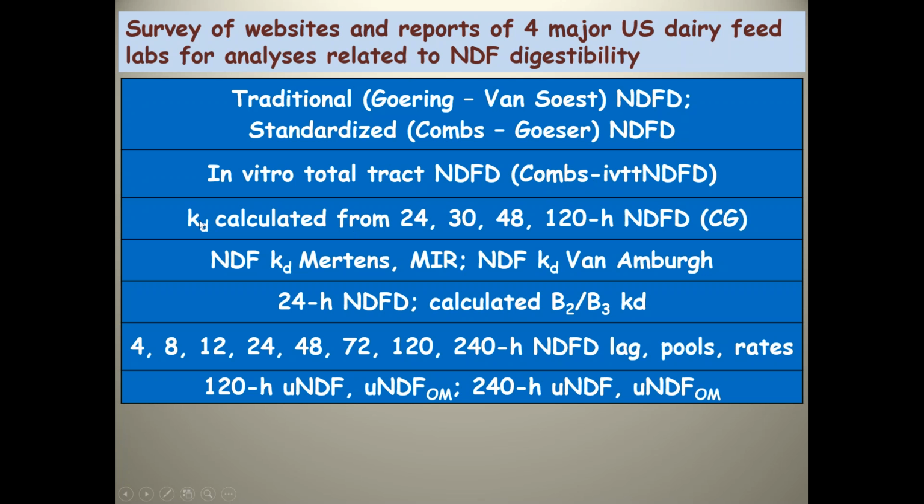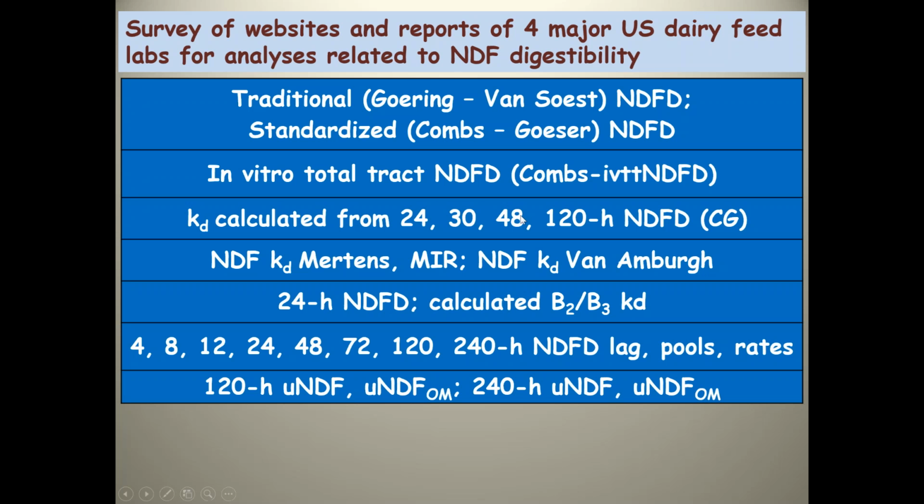Then we've got a variety of KDs, or rates of digestion, which involves multiple time points in vitro or in situ type systems. And a lot of these come out of the Cornell approach and really attempt to fit this into the Cornell model, which is used in several ration formulation programs.